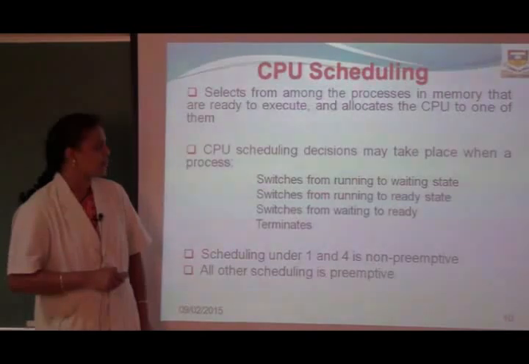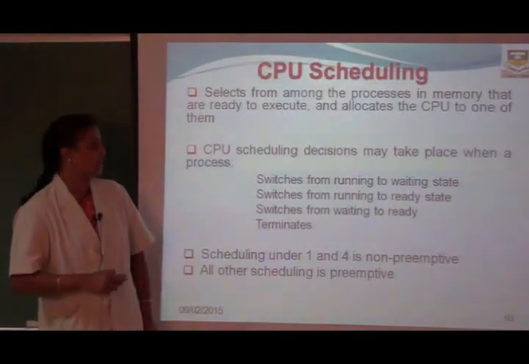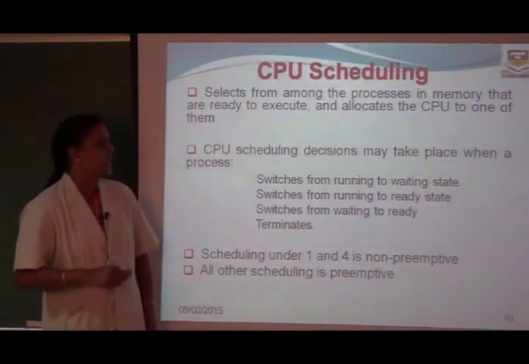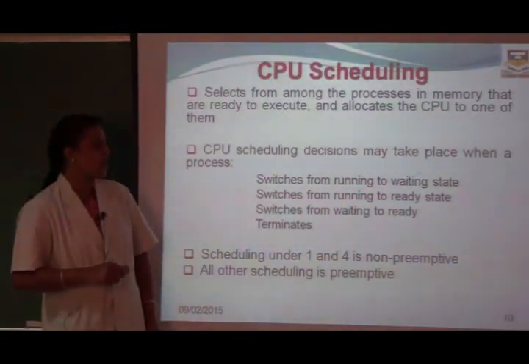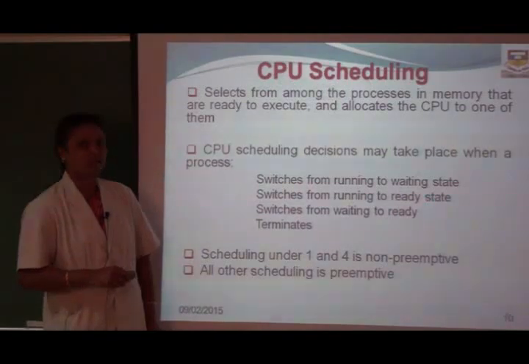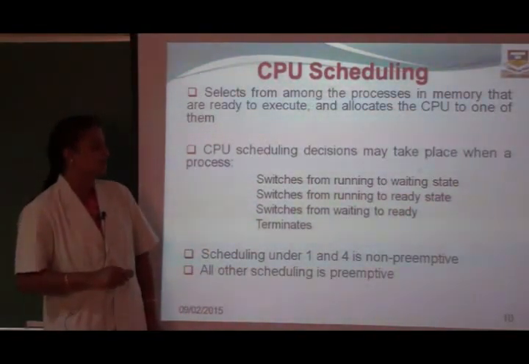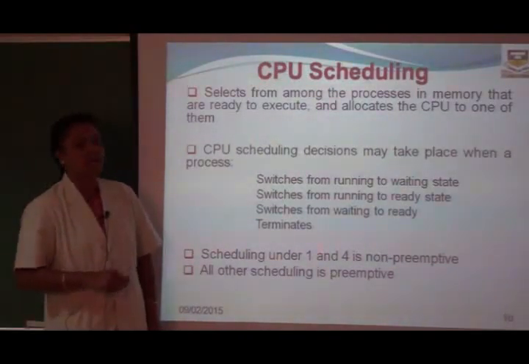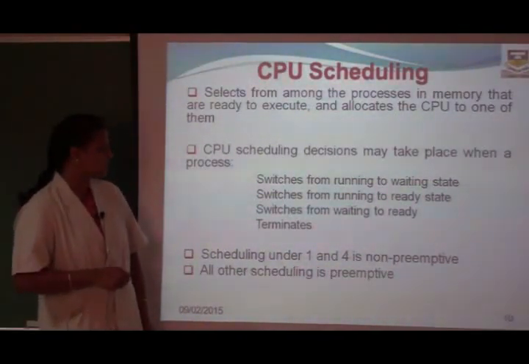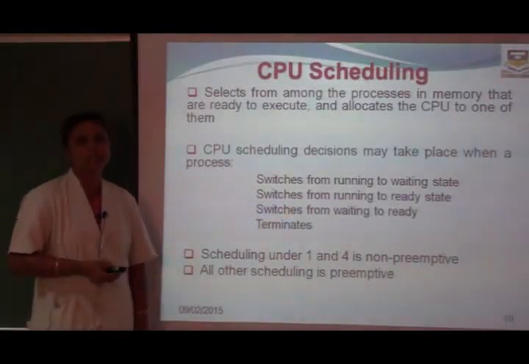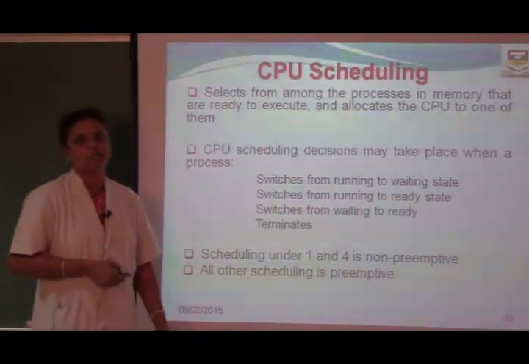Then, a switch from running to ready state. A process is executing on the CPU, and suppose a high priority process arrives. At that time, the CPU is preempted from this particular process and allocated to the next process. Then, a switch from waiting to ready. Suppose a process performs an input-output operation.